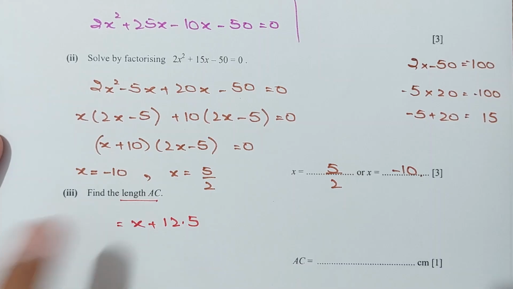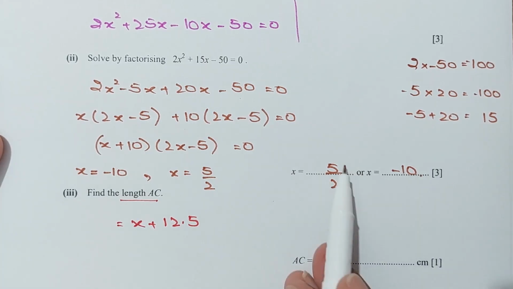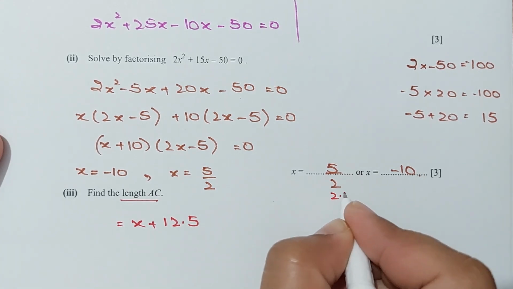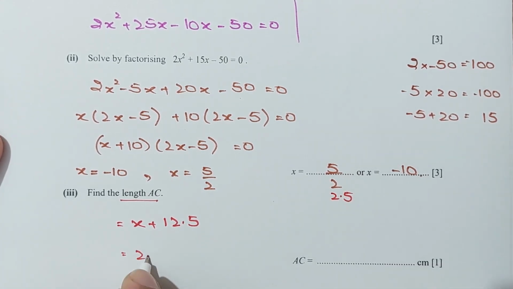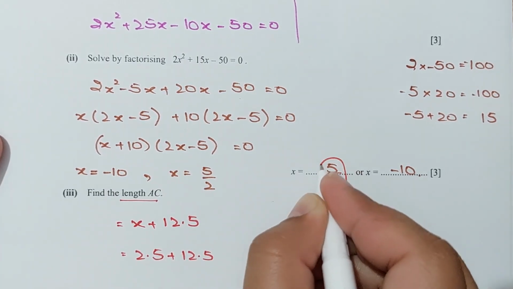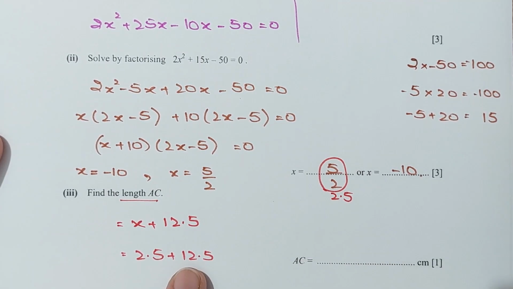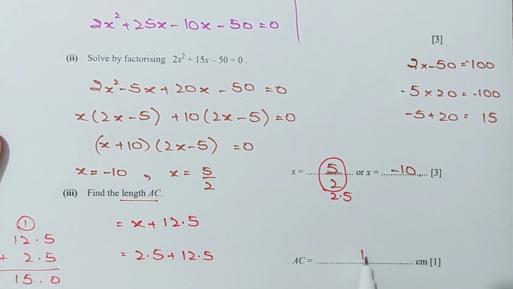Length is a dimension and it can never be negative, so we pick the positive one, which is 5 by 2, or 2.5 in decimal. Adding 2.5 to 12.5, we get 15 centimeters.